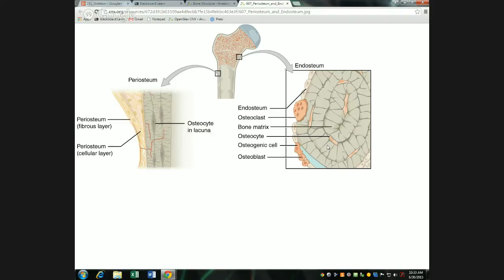The osteogenic cells, the osteoblasts and the osteocytes kind of represent a family tree. Osteogenic cells are the early precursors that become osteoblasts. And then when osteoblasts finally mature, they're osteocytes. Osteocytes don't become osteoblasts again in the future, sort of the end point. Sort of like the grandfather cell, the parent cell, and the offspring cell.